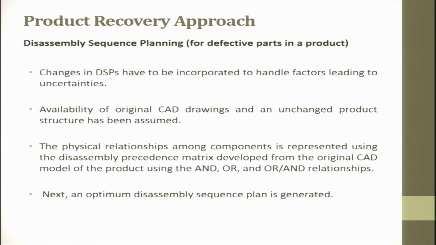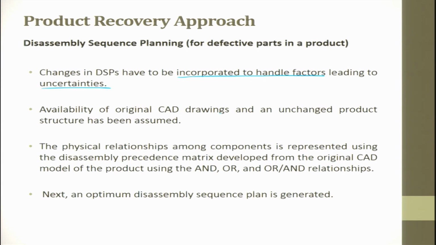Disassembly sequence planning for defective parts in a product. Changes in disassembly sequential planning have to be incorporated to handle factors leading to uncertainty.